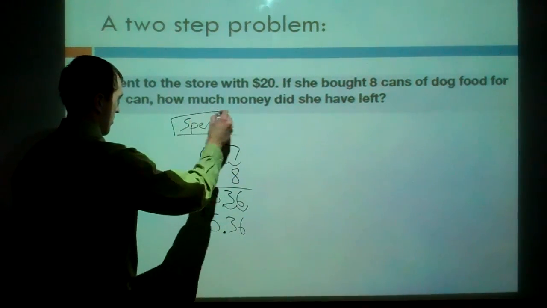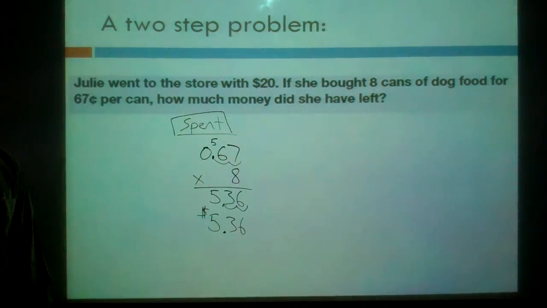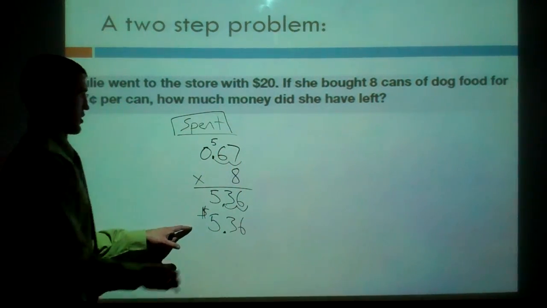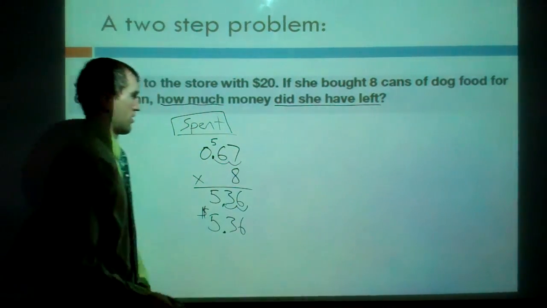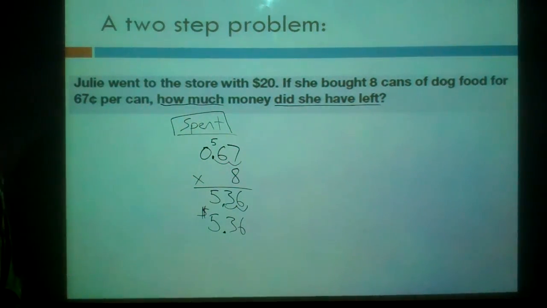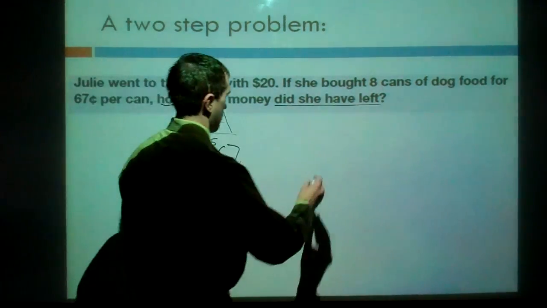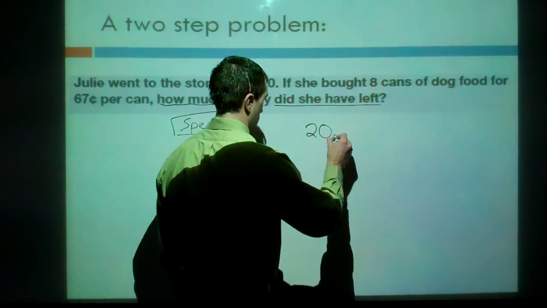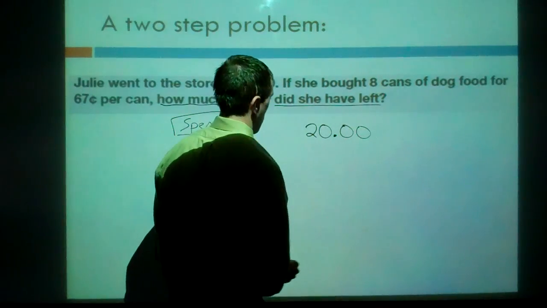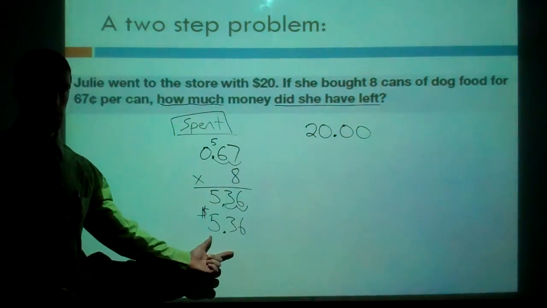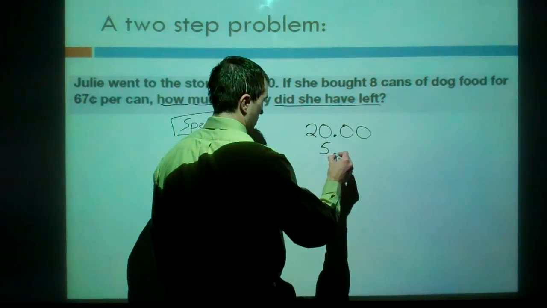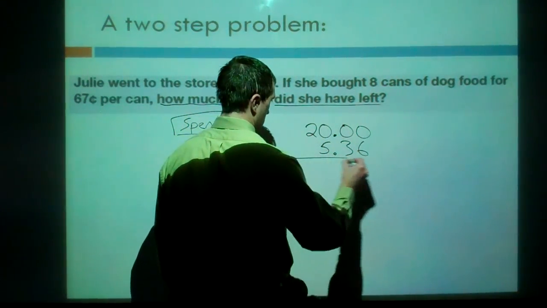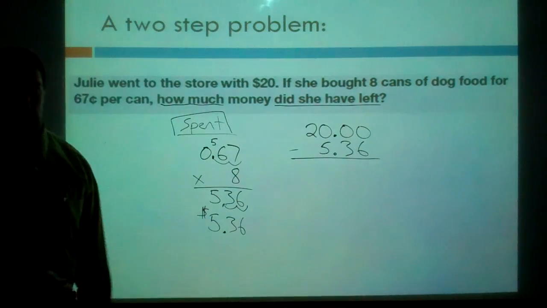Alright. We're not done though, because this is what she spent, and the question says how much did she have left? Well, she went there with $20. And she spent this much, so we're going to take that away. Basically, we're calculating how much change she received.